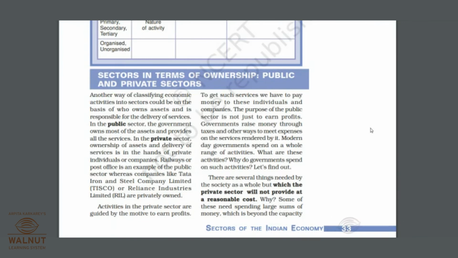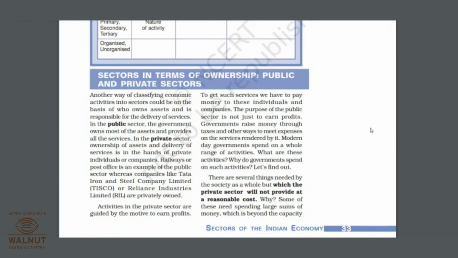Now, railways or the post office is an example of the public sector, whereas companies like Tata Iron and Steel Company Limited, that is TISCO, or Reliance Industries Limited, that is RIL, are privately owned. Now you have a better idea of all these things, right?